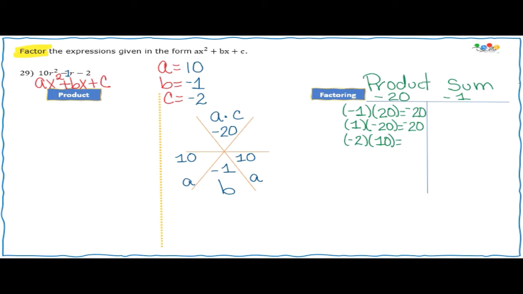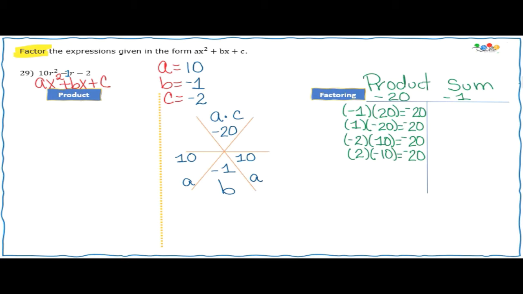Very good. I get a negative 20. But again, I need to change the signs, right? So I'm going to say 2 times negative 10. I still get a negative 20. How about 3? 3 times what gives me a negative 20? No, right? There's no whole number.